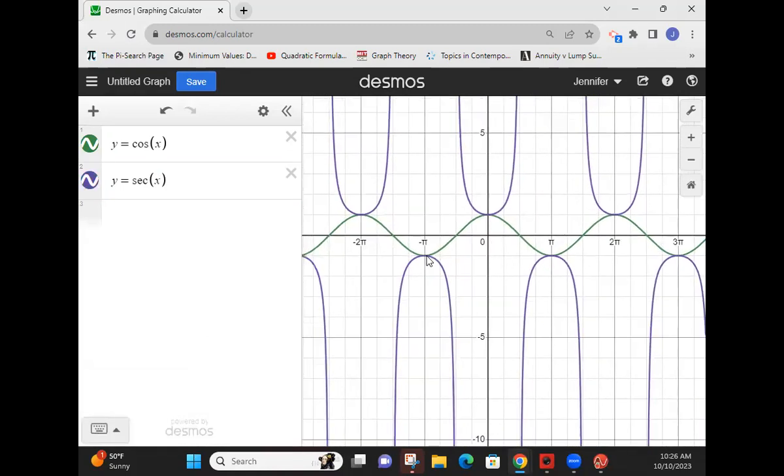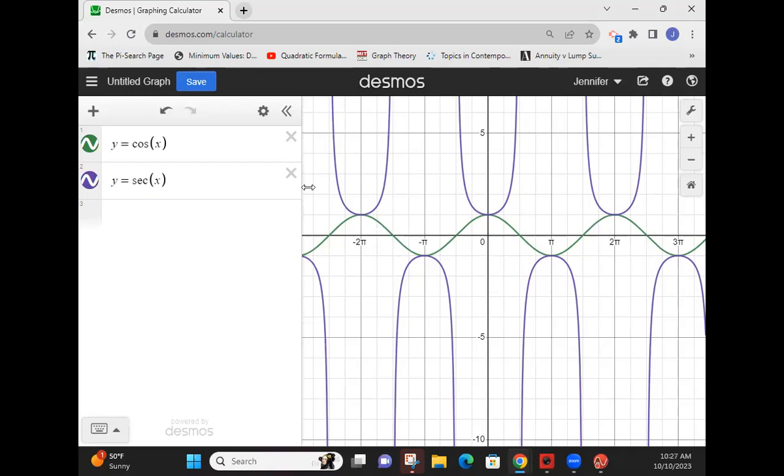Notice our cosine graph, up and down, just like sine, except it has its y-intercept at 1 instead of 0, which should make sense because cosine is 1 at 0, and cosine is 0 at pi over 2, right? But we see those same places. Anywhere that cosine is 0, secant has a vertical asymptote. Secant is undefined. Questions for me for today?